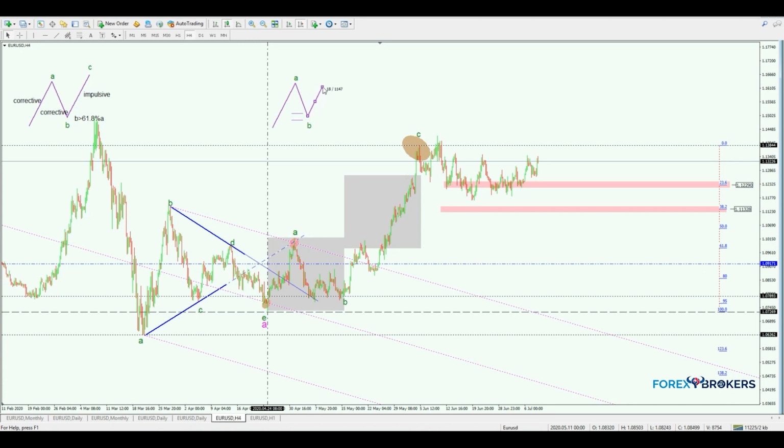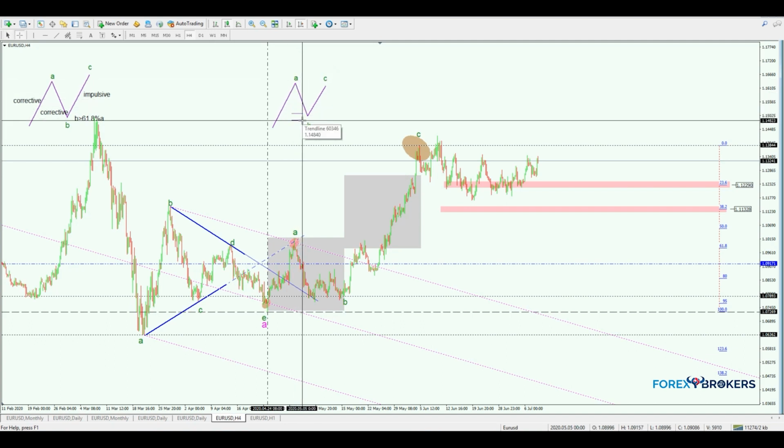First, if the C wave fails to retrace more than 100% of wave A, like this, this is called a flat with a double failure. What does double failure mean? Well, one failure is the B wave's inability to move beyond 80%.